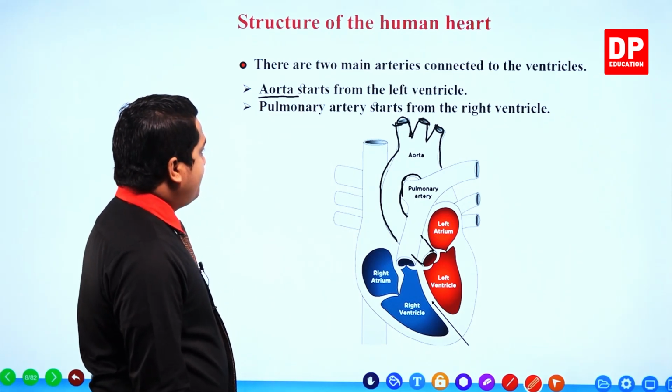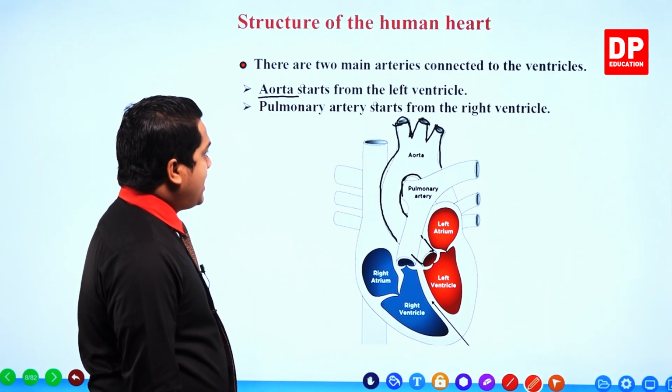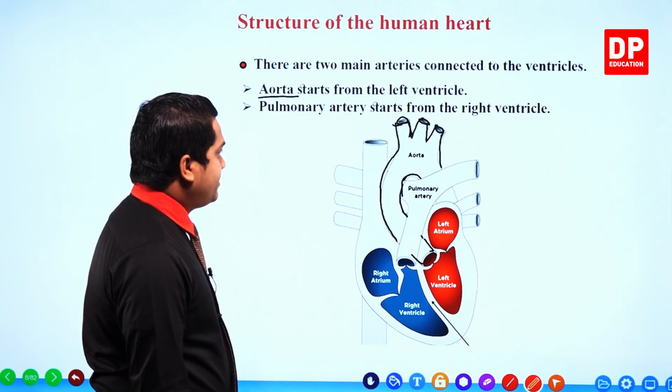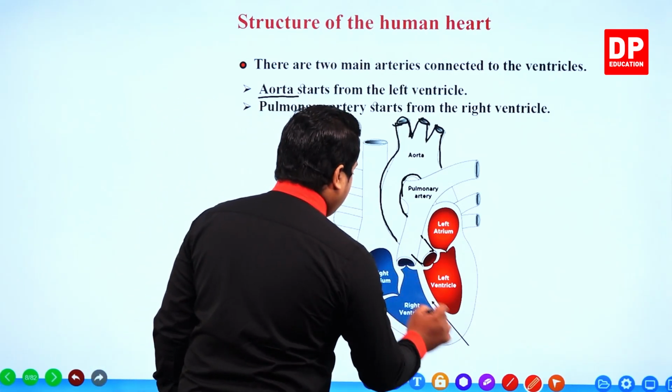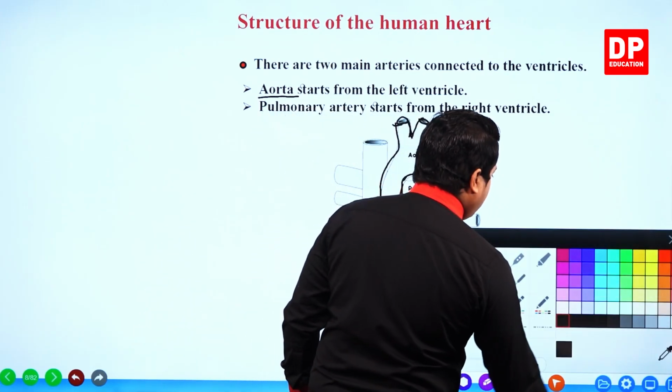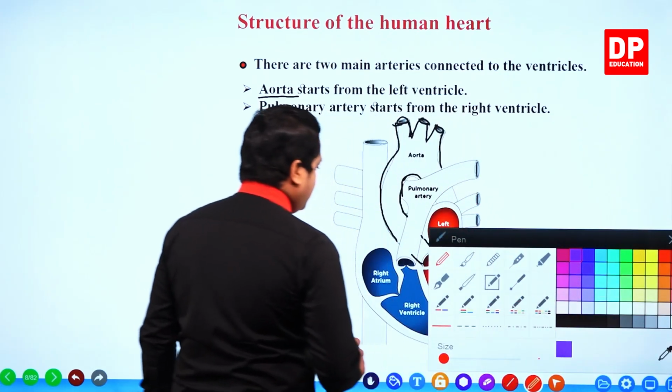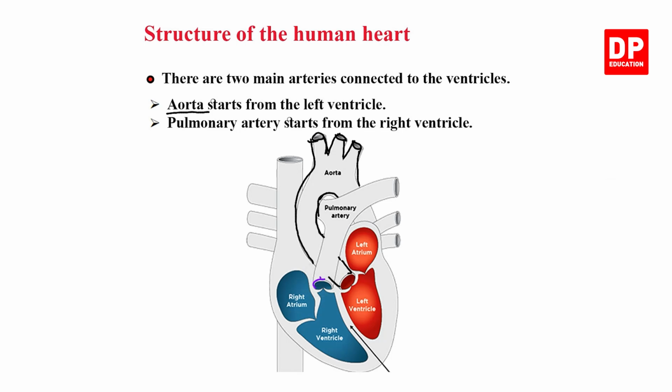Then, pulmonary artery starts from the right ventricle. So from the right ventricle, as you can see here within this figure, I'll use a different color. As you can see here, this is the opening of the pulmonary artery.